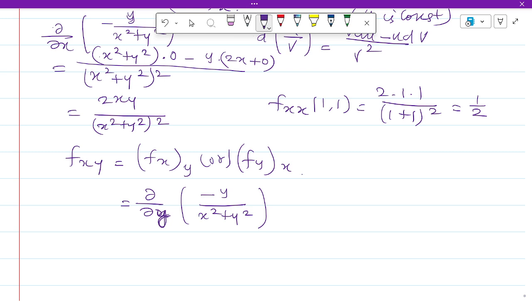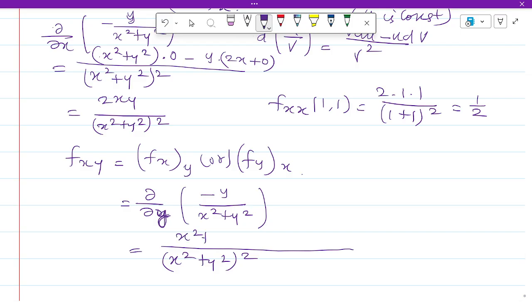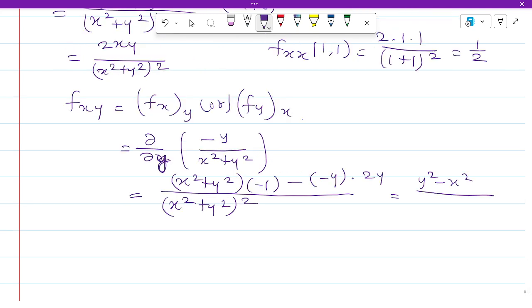So you will get once again the same u by v model, that is denominator square, squaring the denominator x square plus y square whole square, and then keep it that x square plus y square, differentiation of minus y is minus 1, minus, keep it that minus y here, differentiation of x square plus y square is 2y. So what you get is y square minus x square divided by x square plus y square whole square.